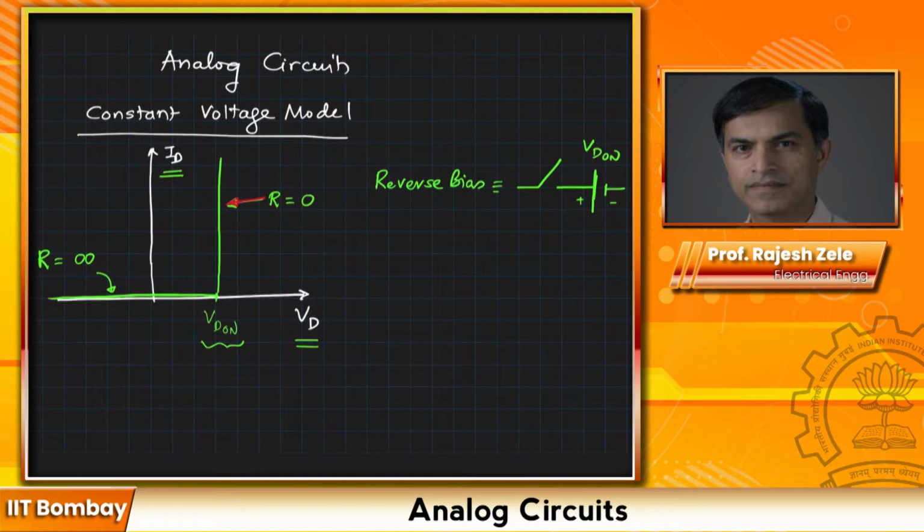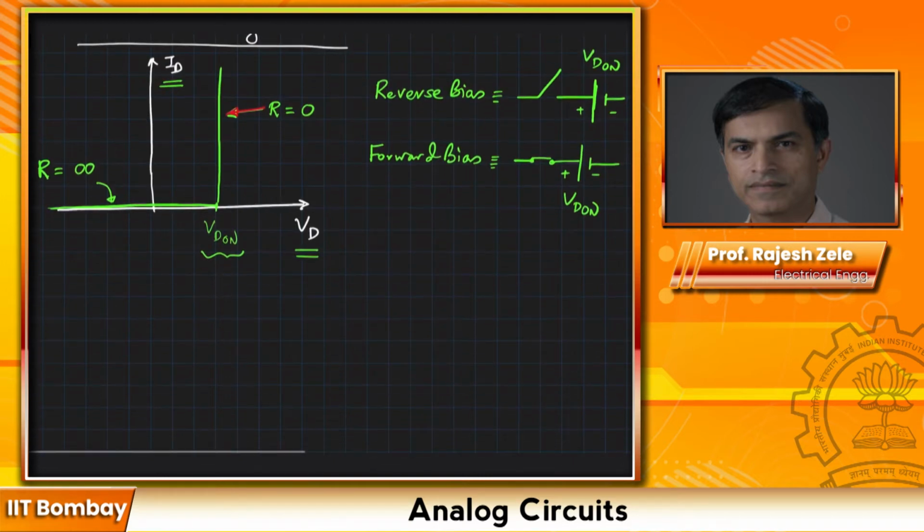And for forward bias, it looks like the switch is closed, with plus minus VD on.